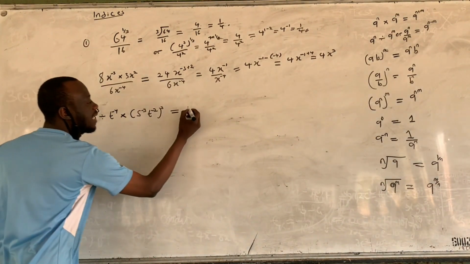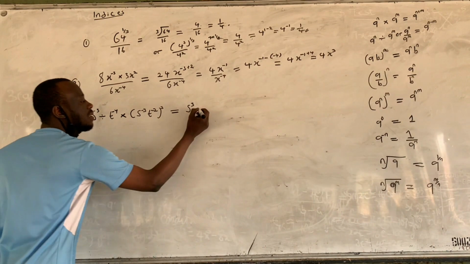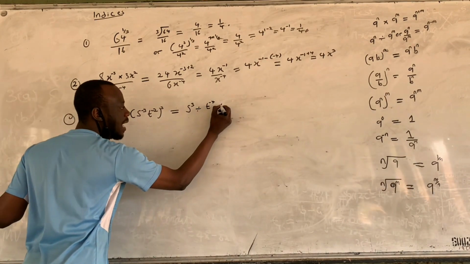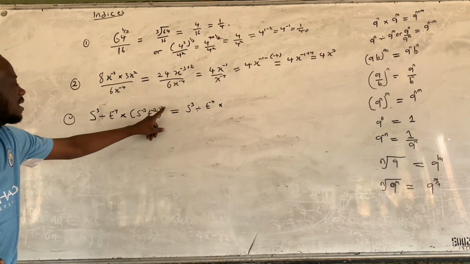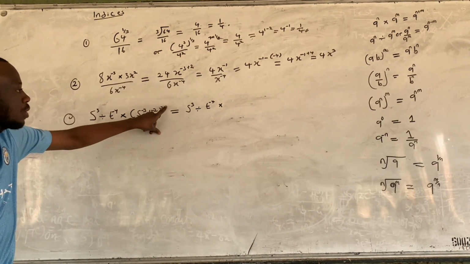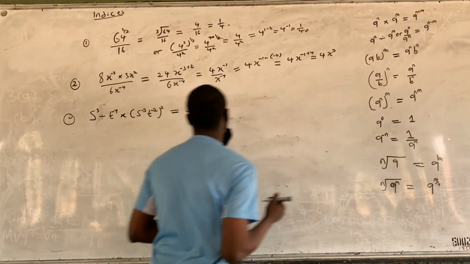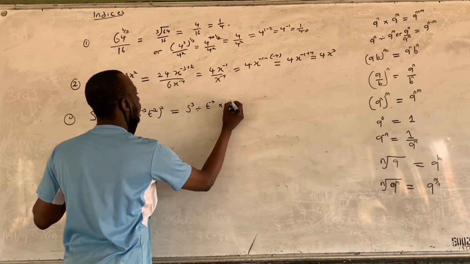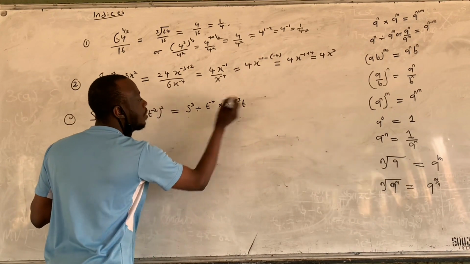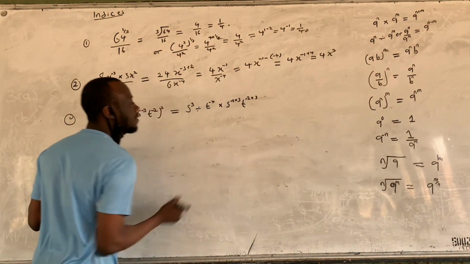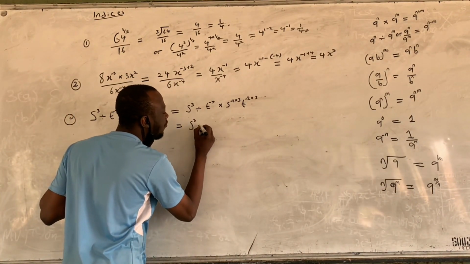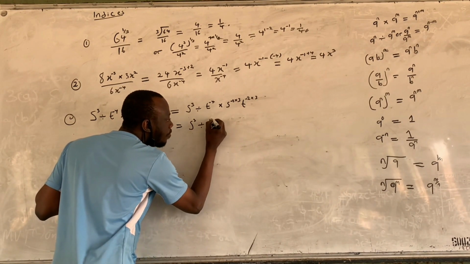So we have s to the power of 3 divided by t to the power of minus 4. We know that this 3 belongs to both s and t. Since we have two powers here, the rule says we multiply the powers. We have s to the power of 3 times 3, and t to the power of minus 2 times 3. So this becomes s to the power of 3 divided by t to the power of minus 4.